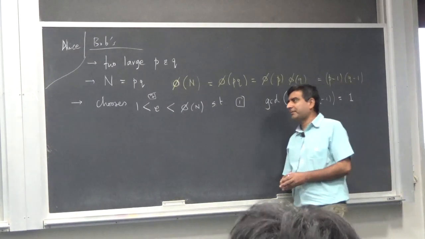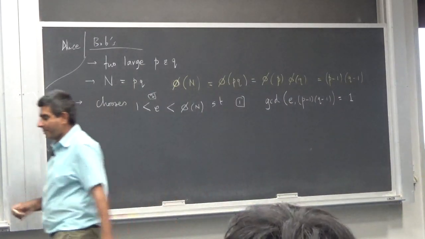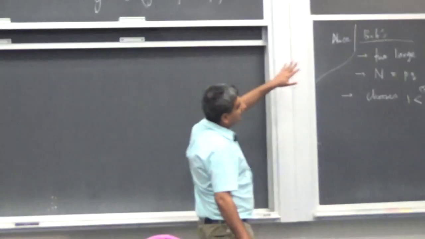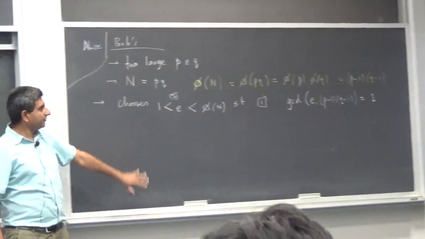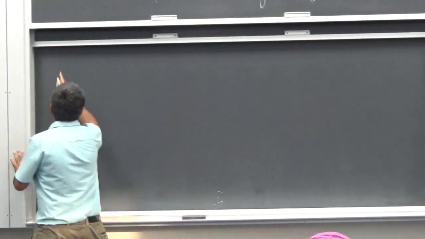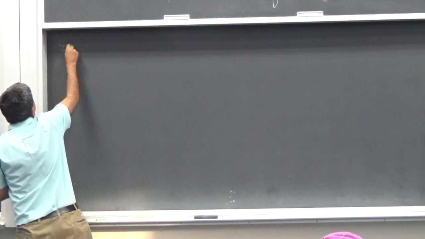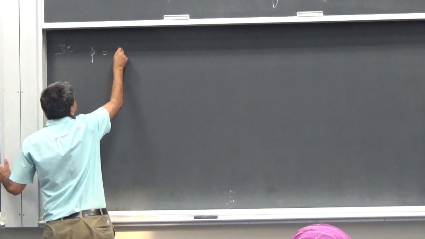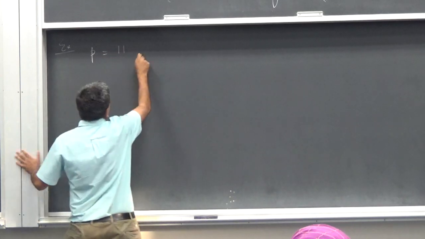Examples, let's choose examples everywhere. So this is my general flow chart for the RSA scheme, and I'm going to put in examples over here. Suppose my P is say 11, Q is 13.